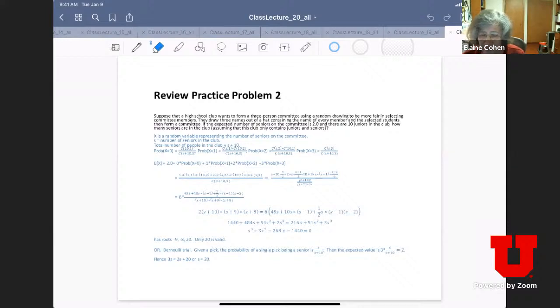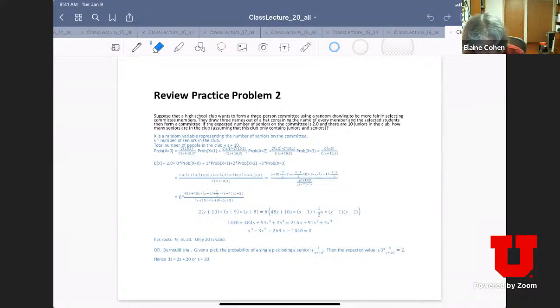And then we plug that into the equation for the expected value and say, well, that's supposed to equal 2. And you see here, I show the ugly equation that's cubic in the numerator and cubic in the denominator. And I solve it for you here.